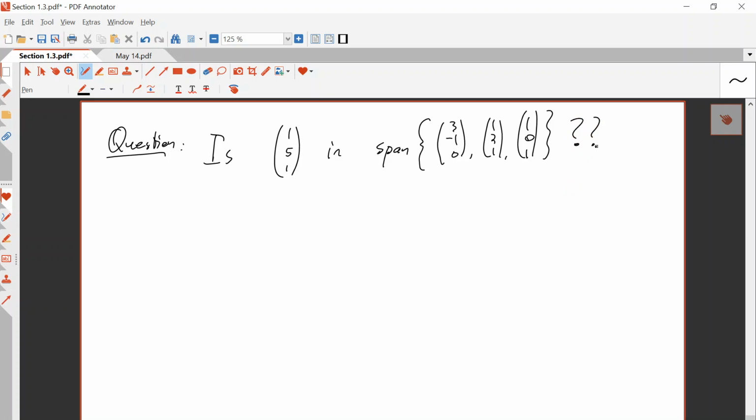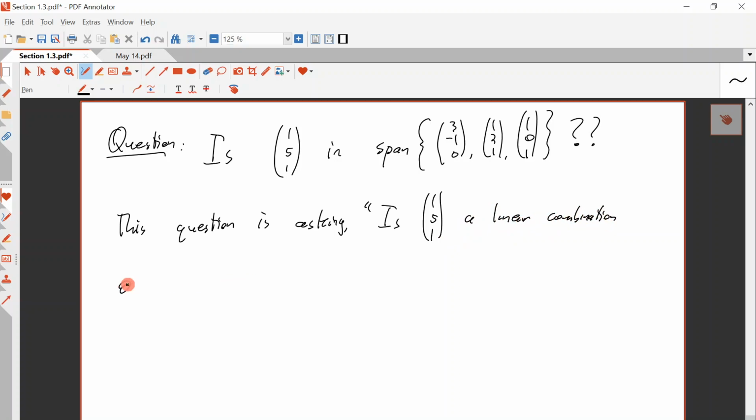Did we answer this question already? Well, what is this asking? This question is just asking, is 1, 5, 1 a linear combination of vectors 3, minus 1, 0; 1, 2, 1; and 1, 0, 1, right?